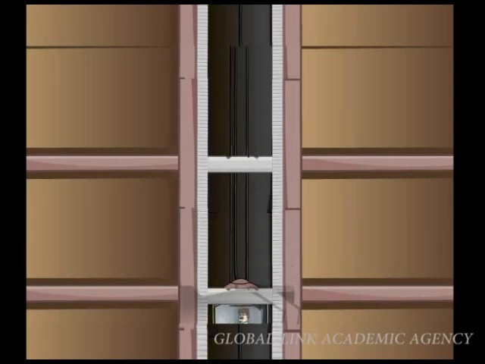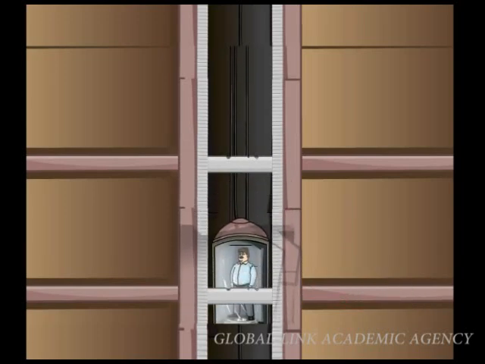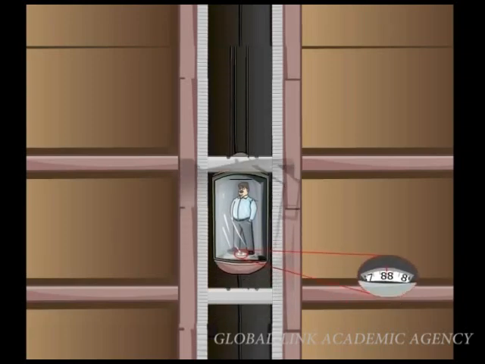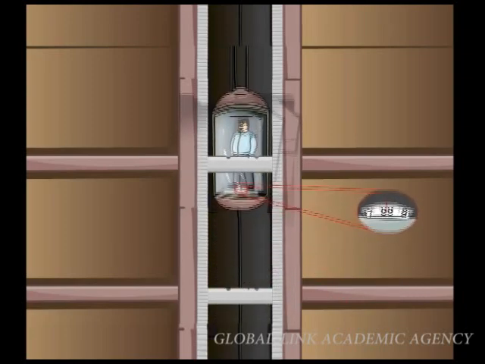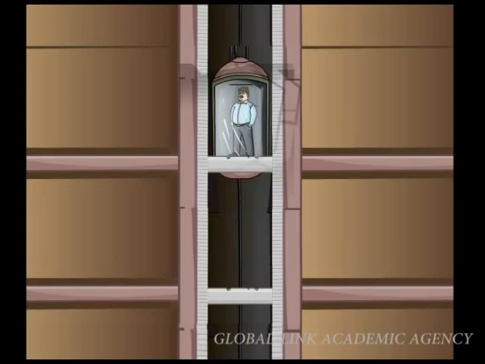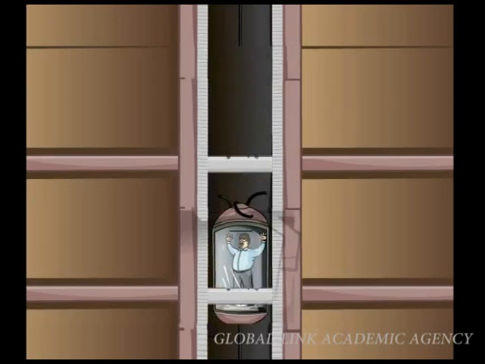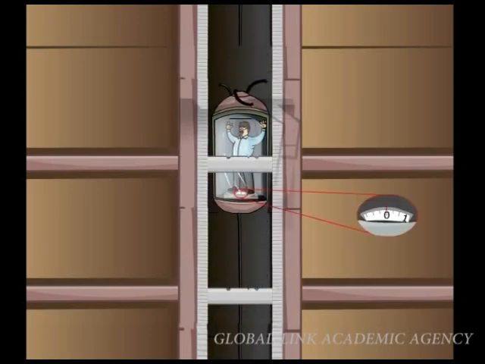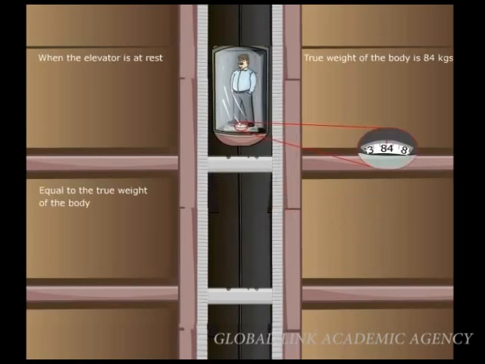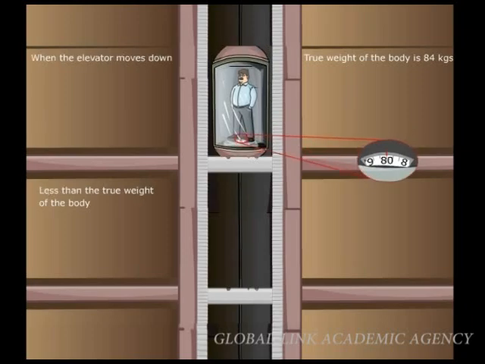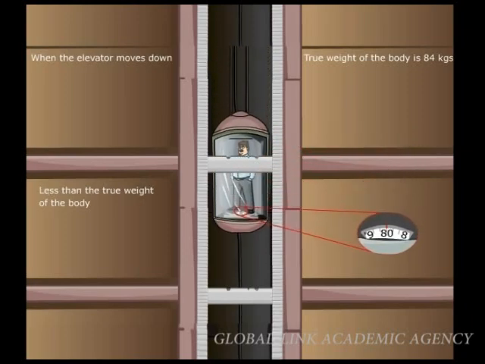When the elevator moves upward with a constant acceleration. And when the elevator falls freely. We observe that the apparent weight registered by the weighing machine is equal to the true weight of the body, less than the true weight of the body.